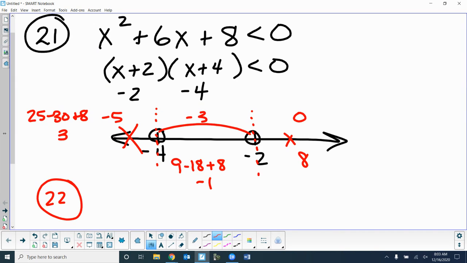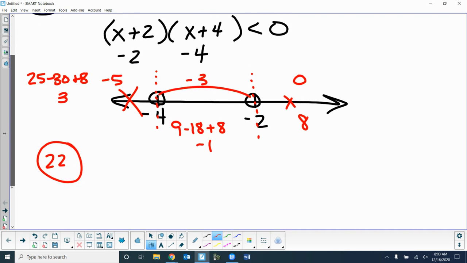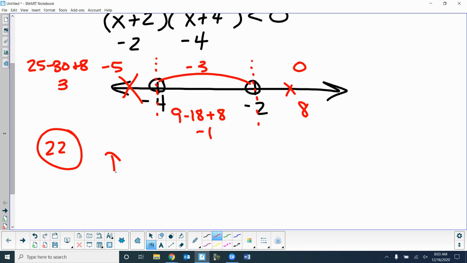22, excuse me. This was one of those variation problems, all right? When it was direct, remember, you can write this on your little note card if you want. When it's a direct variation, it's multiplication. Remember, K is in all of these, the constant of variation. Direct was multiplication.